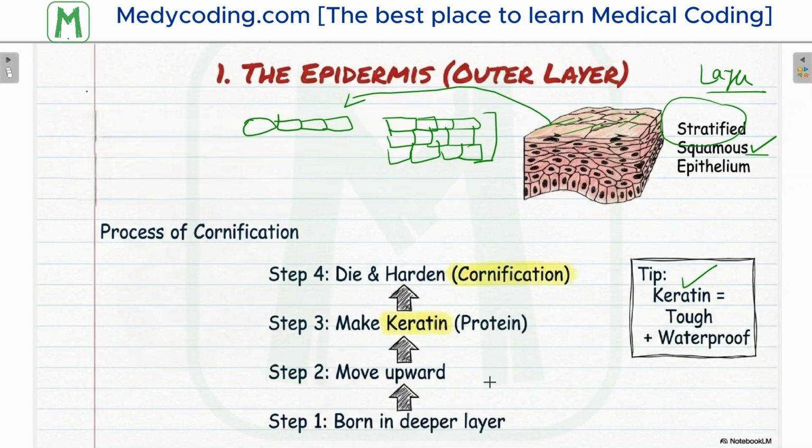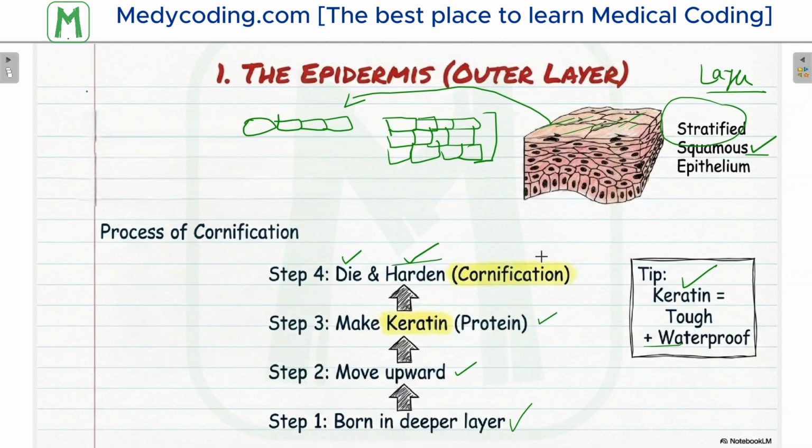The outer layer of the skin is made up of dead cells that act as a waterproof barrier. It is because of keratin. Keratin is born in the deeper layer of the skin, then it moves upward. Then mature keratin is formed and, as it reaches the outer surface, it dies and makes the skin harder.